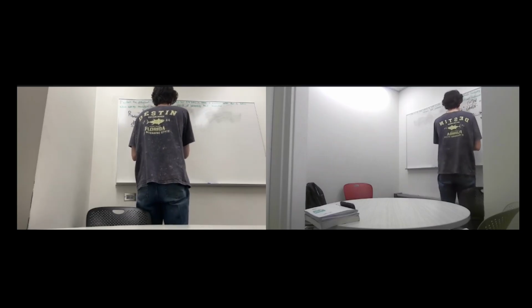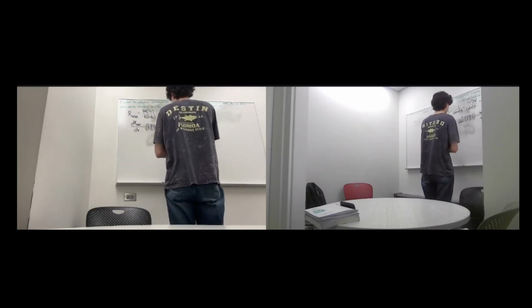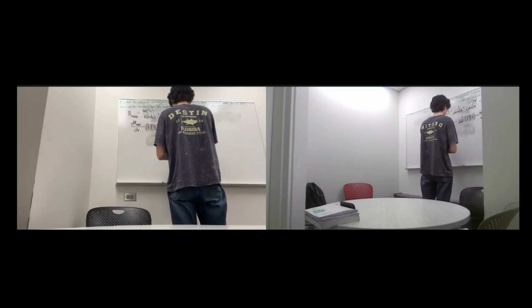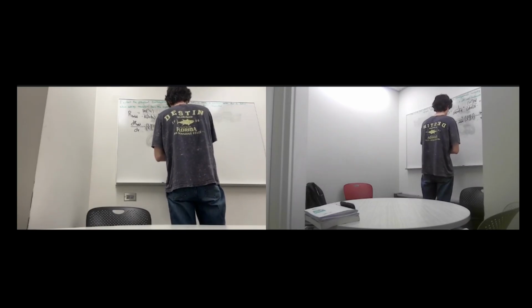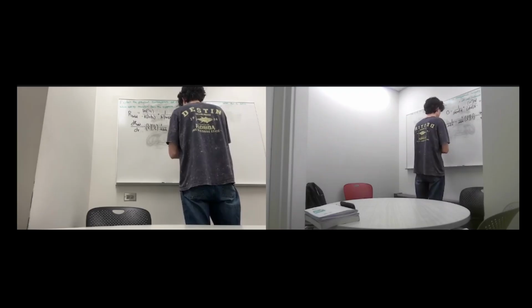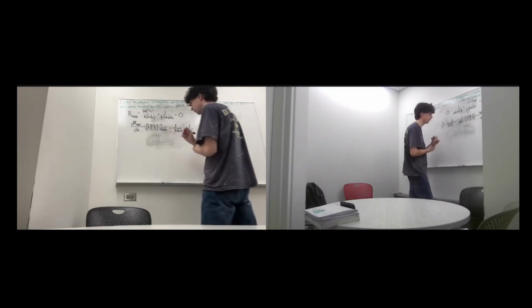Now the other side, we get minus 1 over h, sorry, 1 over h 2 pi H1 times r2 squared. So we got the negative there.